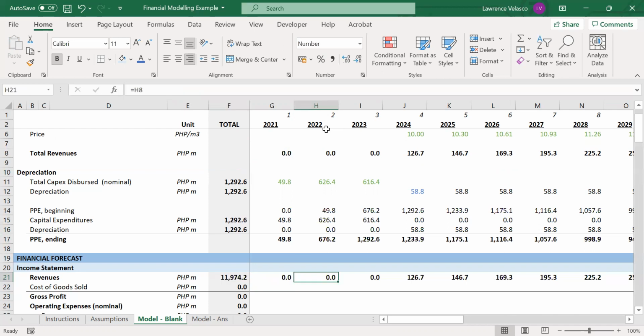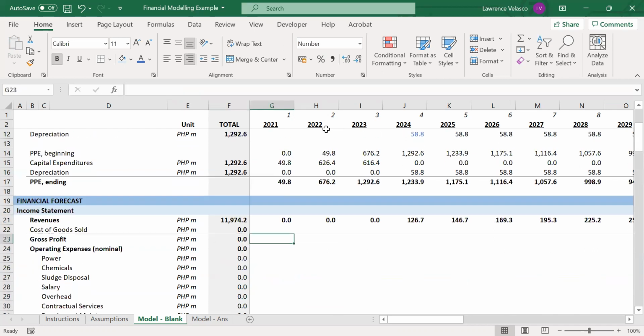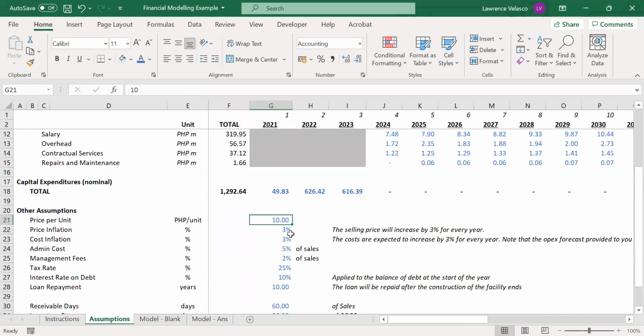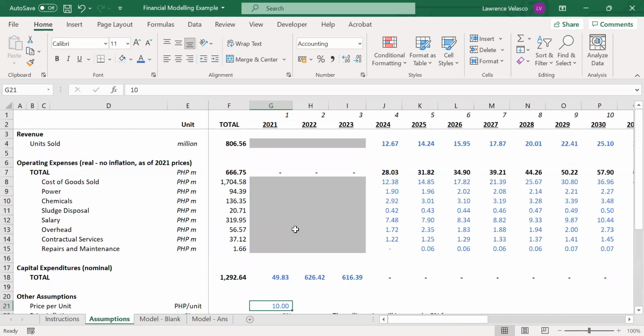Ngayon, yung cost of goods sold, ang sabi sa'yo, it is in real prices. Okay? So here is our cost of goods sold. This is daw in real prices, real inflation as of 2021. So, yung 12.38 ang prices niya as of 2021. Right?